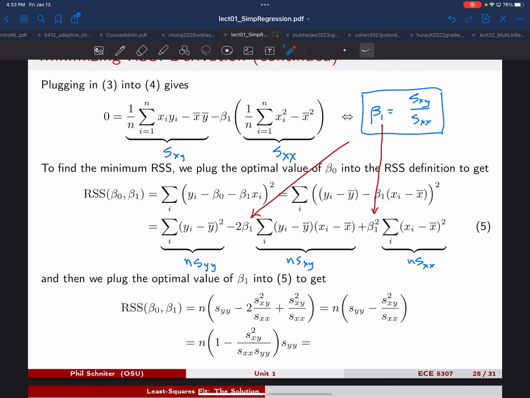And we're almost done. To make it a little bit more interpretable, let's pull out a factor of syy out here. And then we have this. Does this look familiar? The coefficient? Is this correlation coefficient, or is it slightly different?